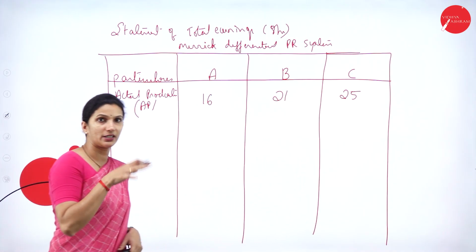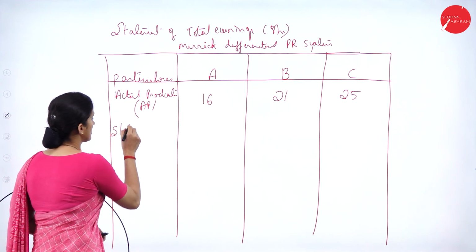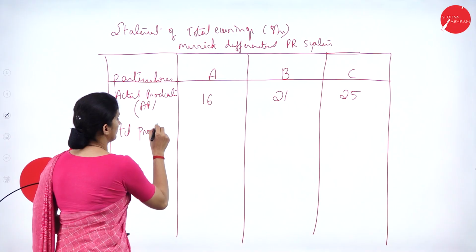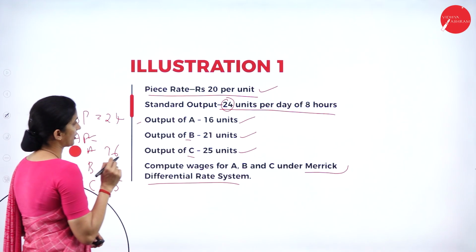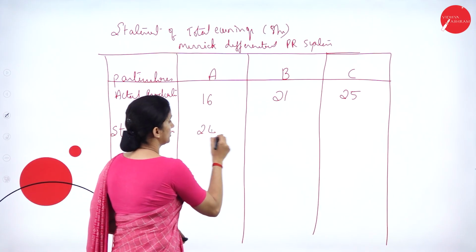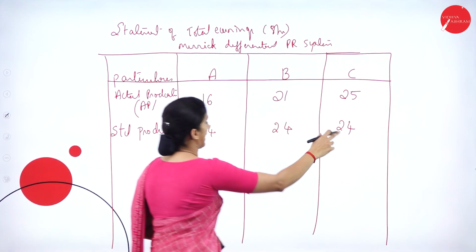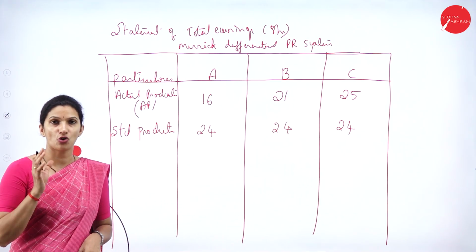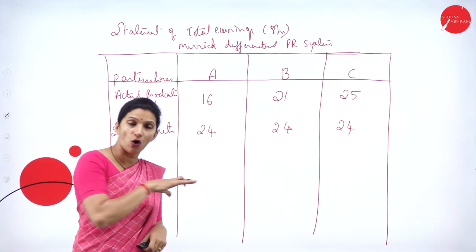First we will take their actual production which is given in your question. And then we need to know the standard production. The standard production is 24. It is same for all the workers. Once the standard is fixed, it is applicable to all the workers.